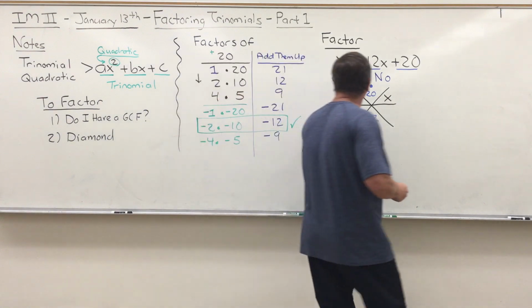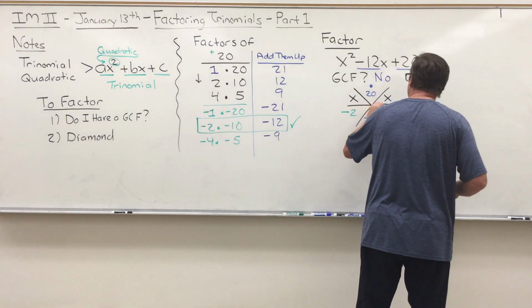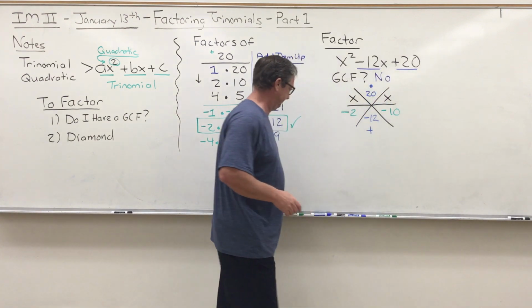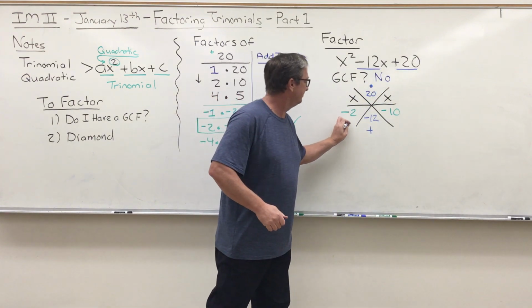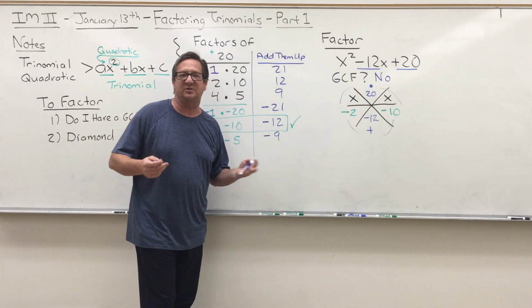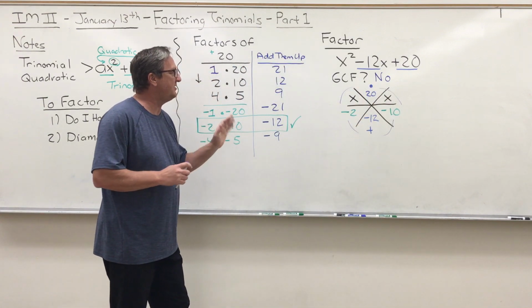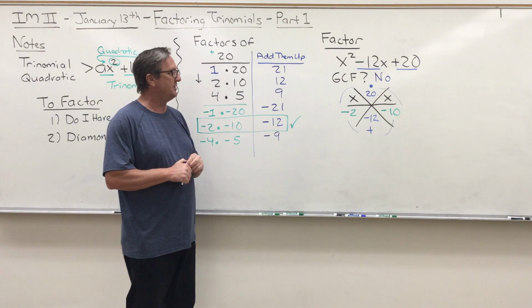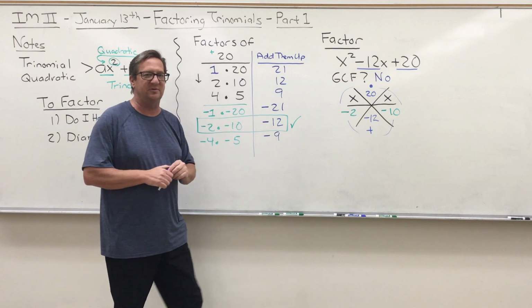And then you just simply put in negative 2 and negative 10. I'll let you get caught up for about 10-15 seconds, or pause the video and get that put in. I'll give you a little bit of time. I know I go a little bit fast when I'm doing the videos.